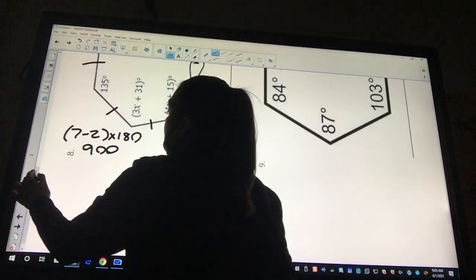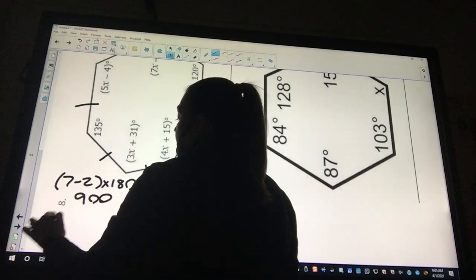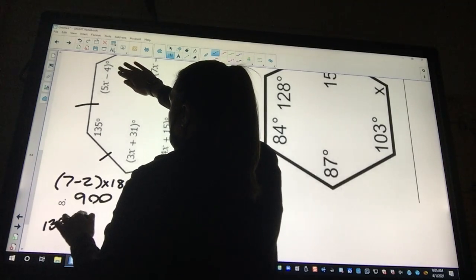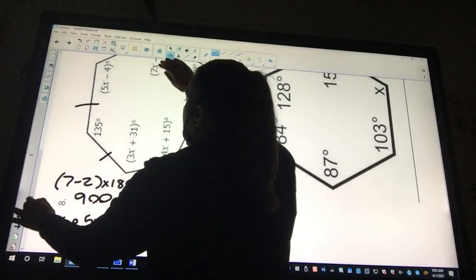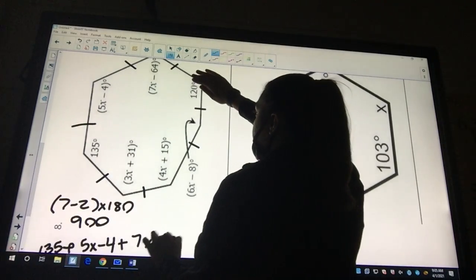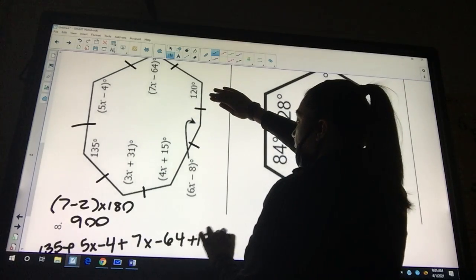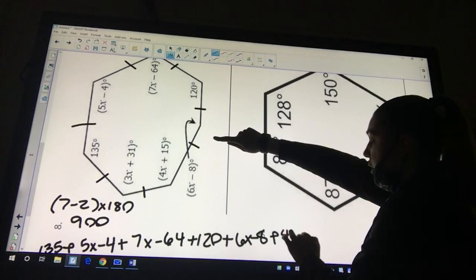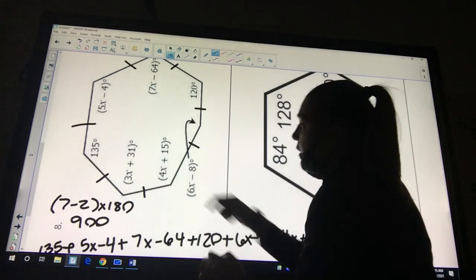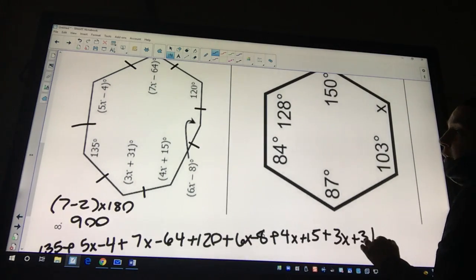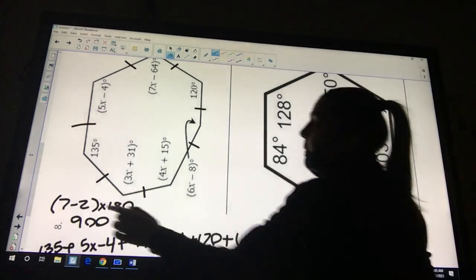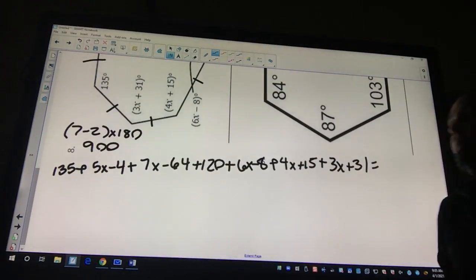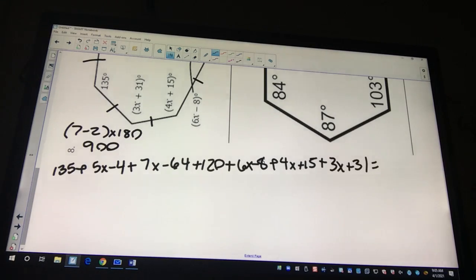So your equation should look like 135 plus, and work your way around, 5x minus 4 plus 7x minus 64 plus 120 plus 6x minus 8 plus 4x plus 15 plus 3x plus 31, equals what? 900.